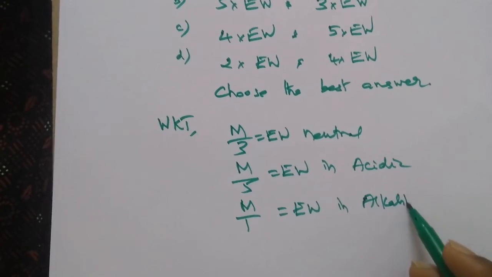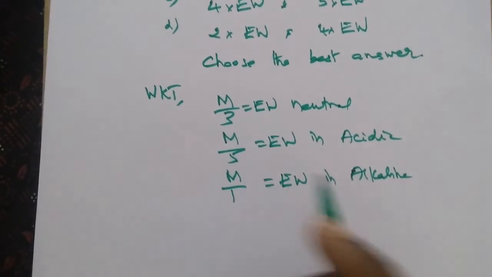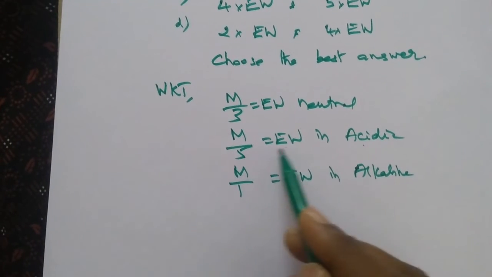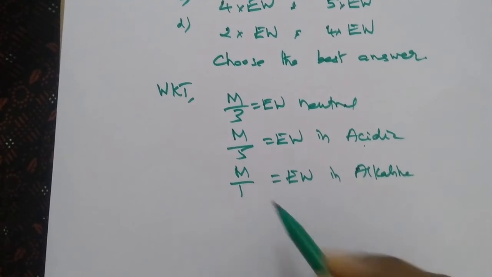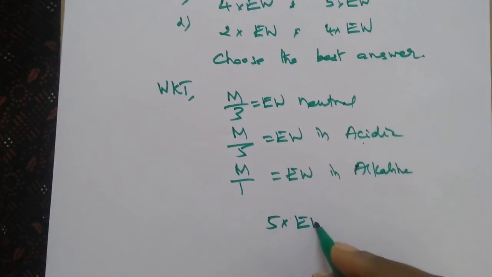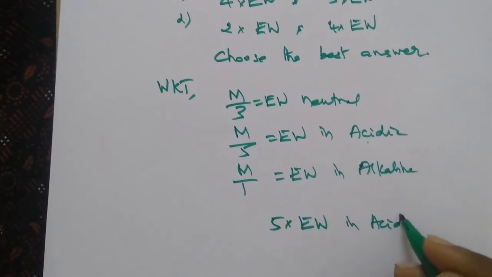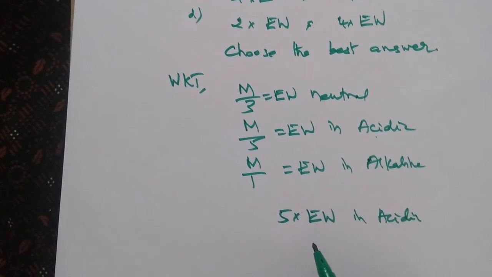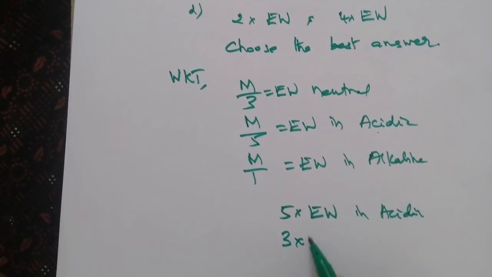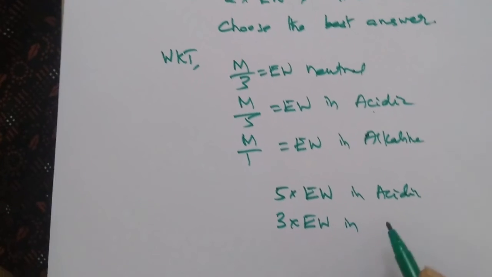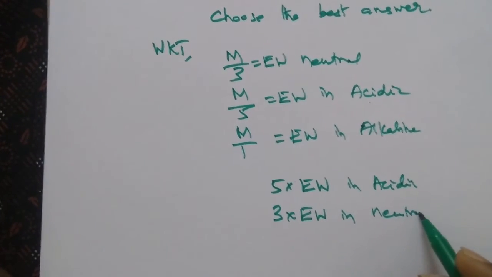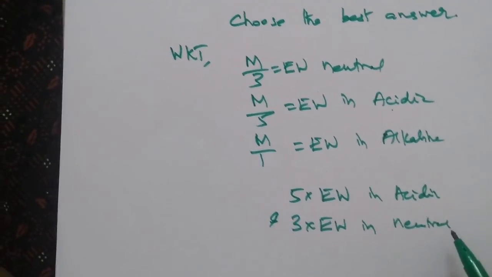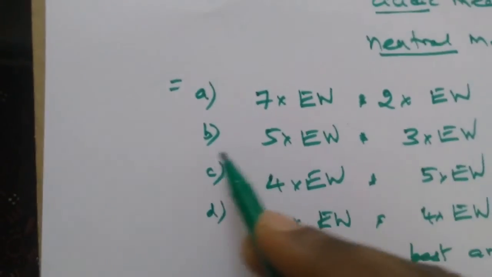So here the question is about acidic medium and neutral medium. So second and first options are asked. M by 5 and M by 3 are the answer, or you can say M equals 5 times EW in acidic medium, M equals 3 times equivalent weight in neutral medium. So our correct answer for the given question will be 5 times EW and 3 times EW.